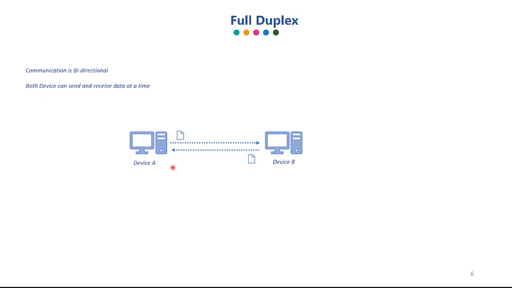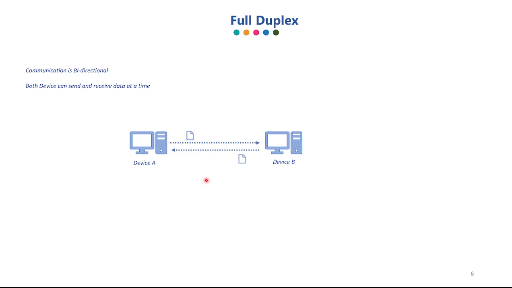Even if A is sending, B doesn't care, it will still send its data to A. So device A can act as a receiver as well as the transmitter at the same time. In this scenario, you can see A is sending and B is also sending. At the same time, A is receiving and sending. That's how it works.